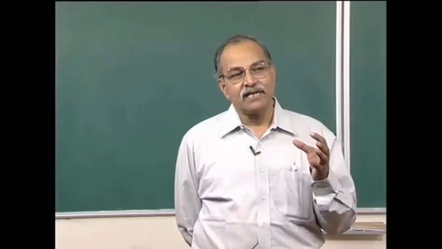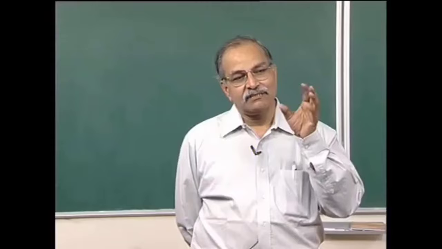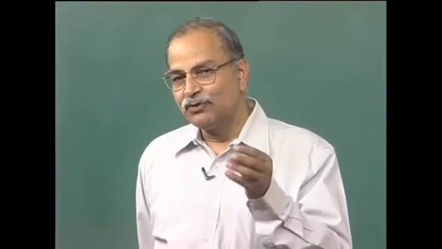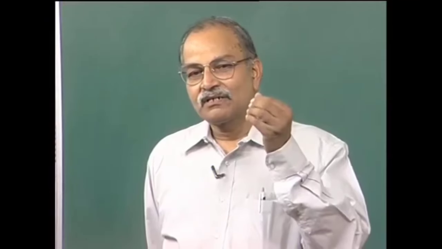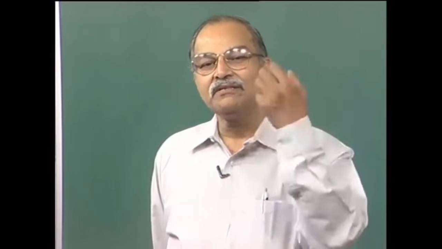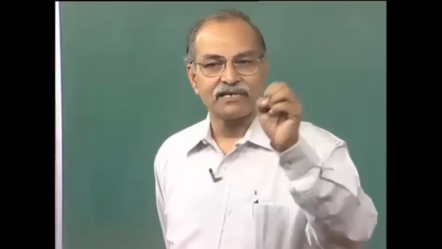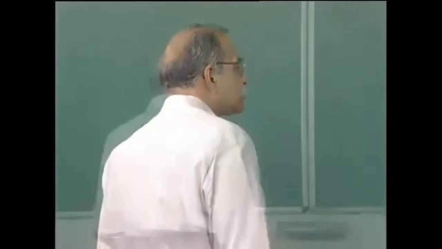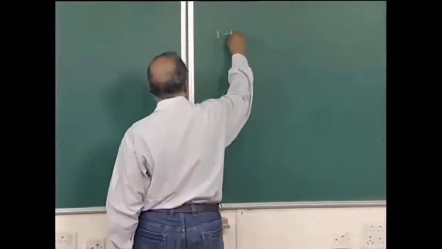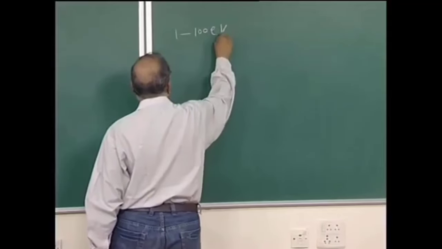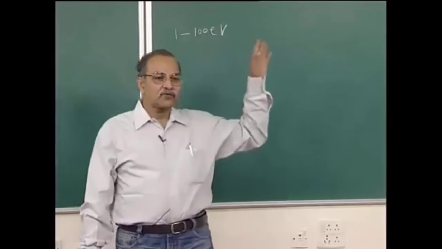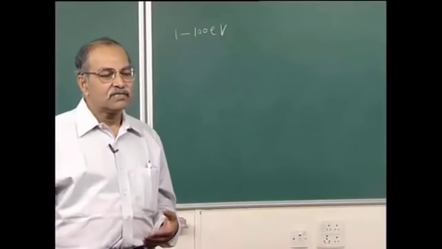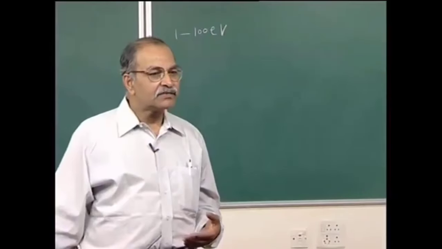In that region, if it is in the same vicinity of uranium 238, that means the fuel rod, if the neutrons are slowed down right in the fuel rods itself, there also there will be scattering and the neutrons will slow down. But then as it passes through that region, say 1 to 100 eV, during the slowdown from mega electron volt to thermal energy, which is 0.025 electron volt or so, 1 by 50 electron volts or even less.